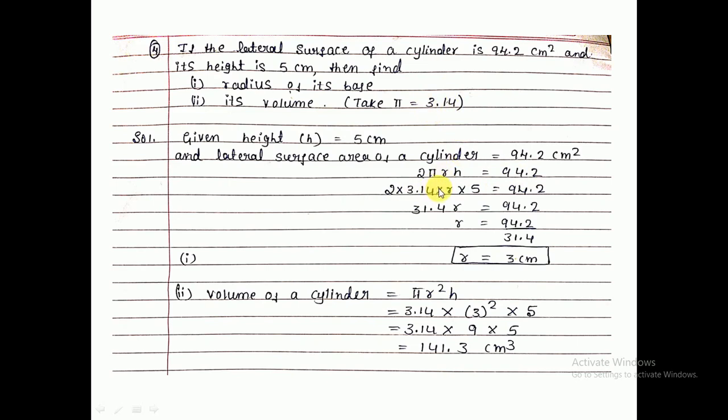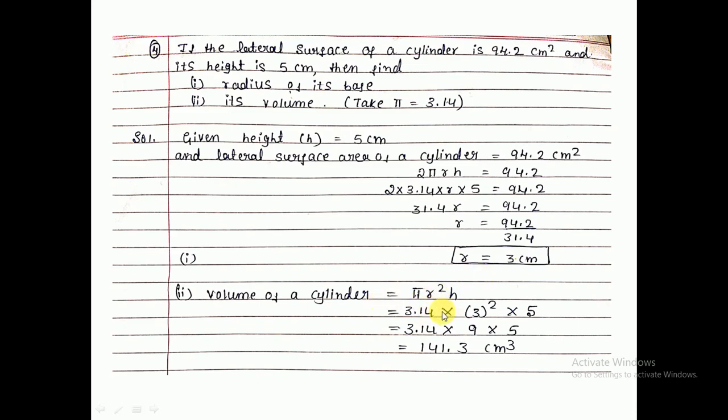Radius is unknown. Height is 5, which is equal to 94.2. Here 2 into 3.14 into 5 will give 31.4 R is equal to 94.2. Here we have to calculate actually R, no? So 94.2 divided by 31.4 is equal to 3 centimeter. Radius we got 3 centimeter. So then volume of cylinder. Second question is volume of cylinder, pi R square H.